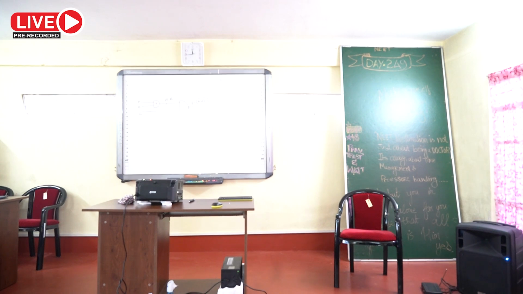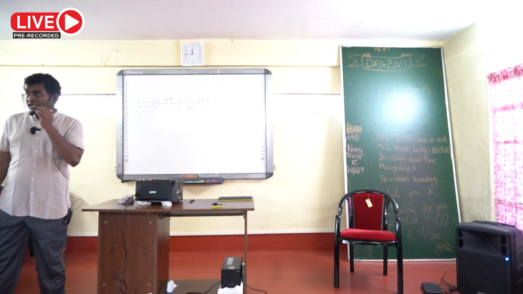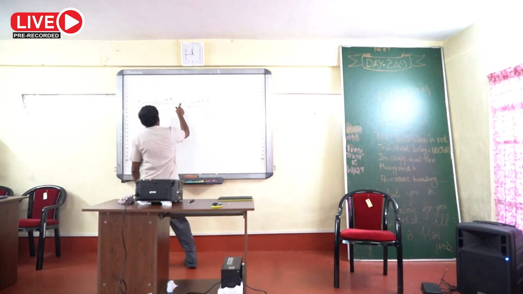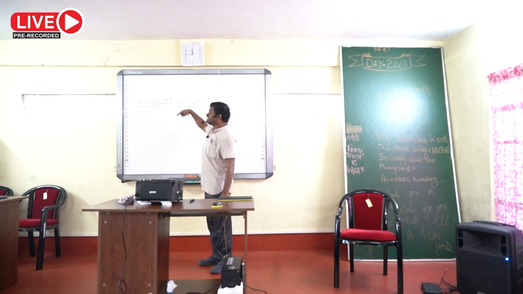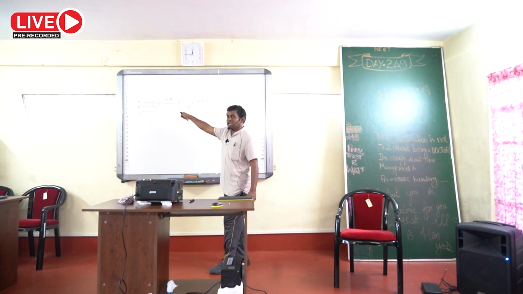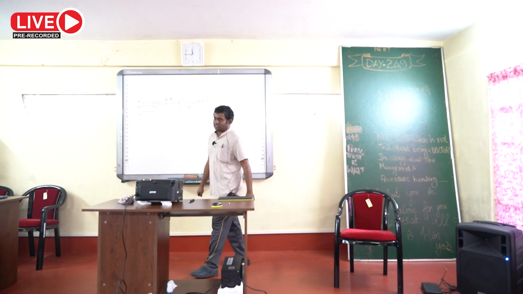So option 1 would be the answer if this one were an AND gate. Since it is a NAND gate, this bar will come, meaning the complement will come, and then option 3 is correct. If there is no bar, it is only an AND gate, then option 1 will be correct.